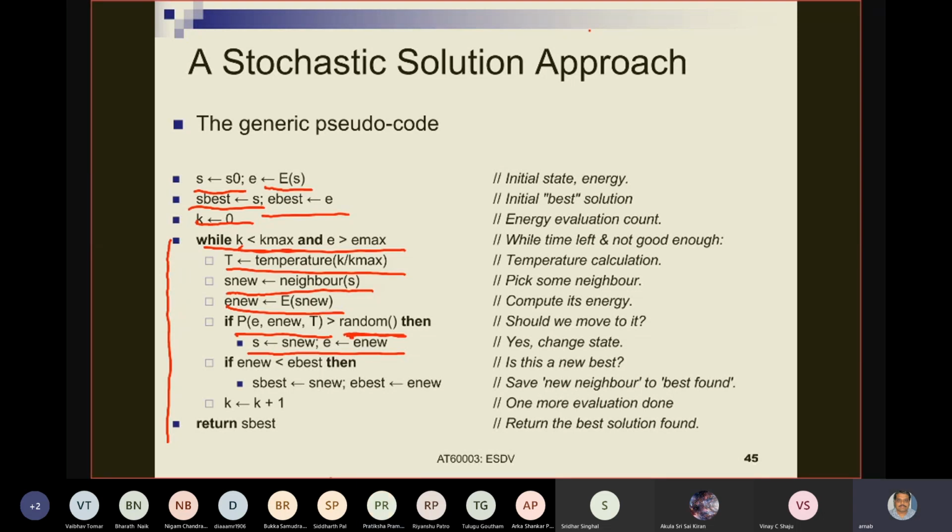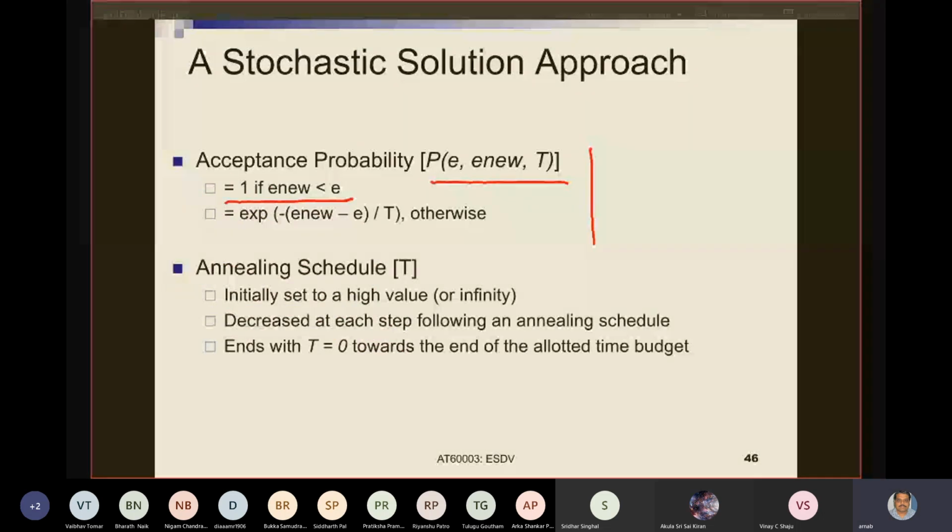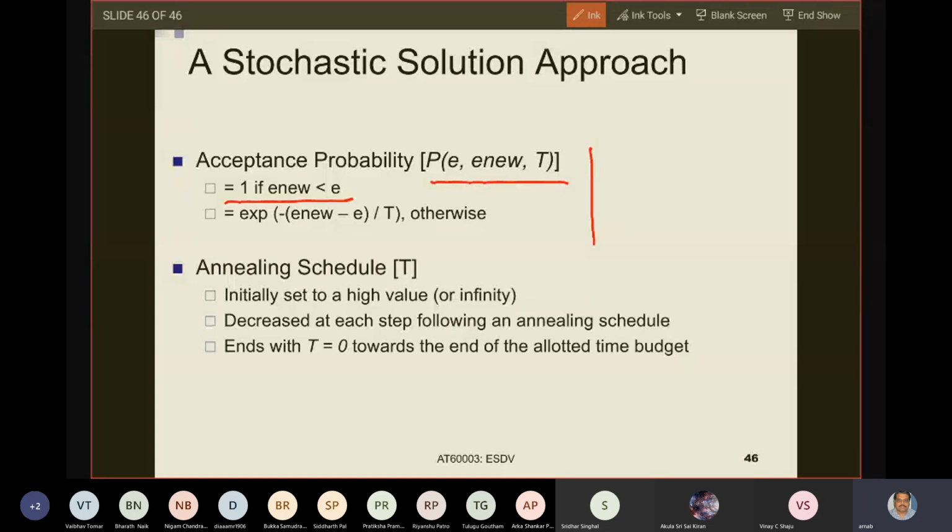Yes, sir. So now what are we trying to understand? We are trying to understand the situation when the new solution, that means the neighboring solution with respect to the current solution, is worse than the current solution.